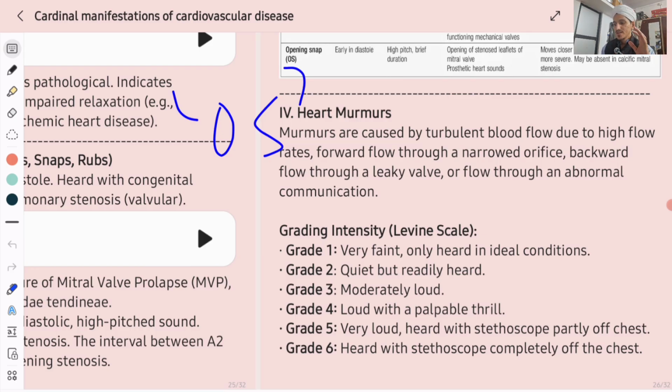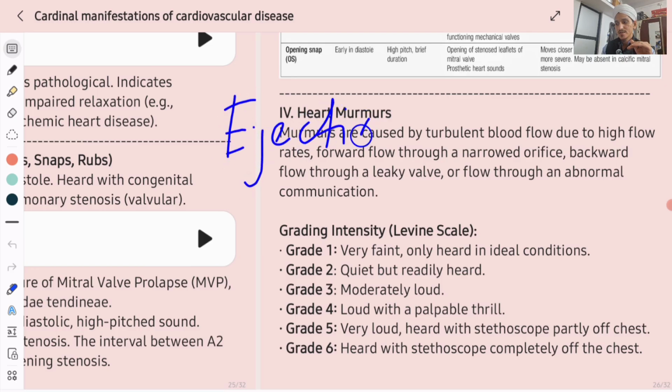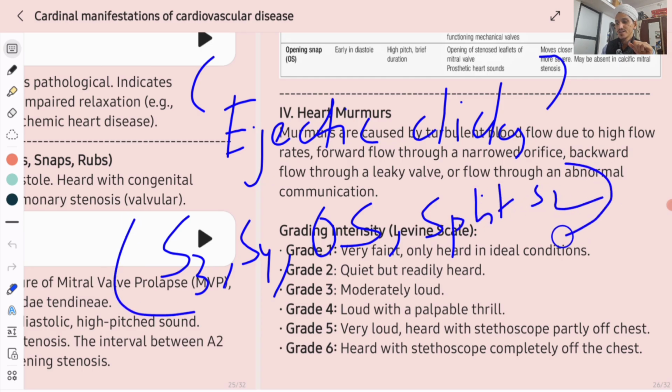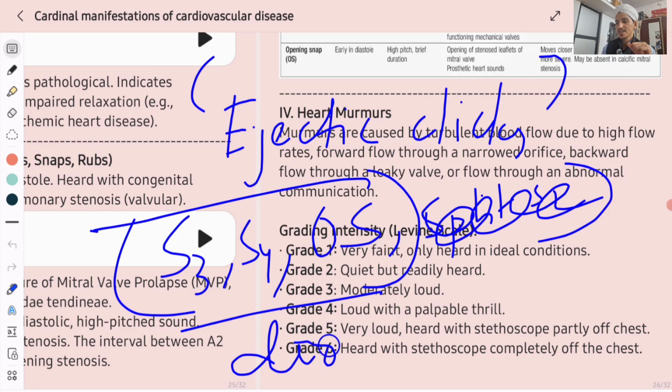The correction to be made is that all other heart sounds other than ejection clicks, which are S3, S4, opening snap, are diastolic. Don't take split S2. So these three sounds are diastolic, except the ejection clicks. Clicks are systolic, that one thing you remember.